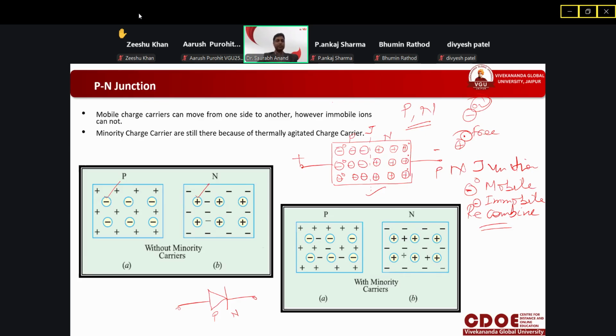We will not use this block diagram. This is the structure. We use the symbol of anything in the circuit. Jishu, understood?